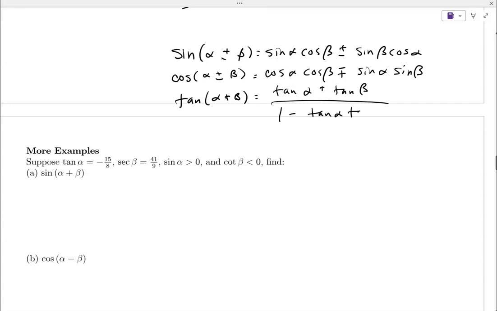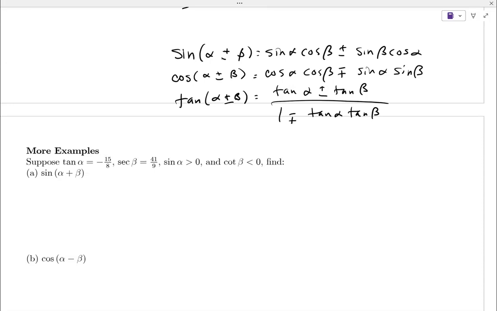Good. So sum on top, product on bottom. The sign in the middle is the same on top, it flips on bottom, right? So if it were tangent of alpha minus beta, then the top would become a minus and the bottom would become a plus.